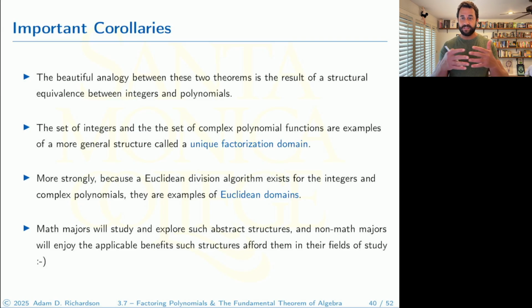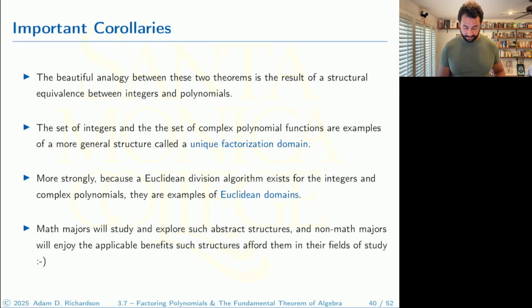There's a reason for this similarity, and it's because there's a structural equivalence higher up that you don't know about yet. And if you want to learn about it, go into math and you will learn it. And then you'll realize that not only is there a bigger structural thing going on, but the fundamental theorem of algebra and the fundamental theorem of arithmetic are just special cases of that larger theory, which is pretty wild.